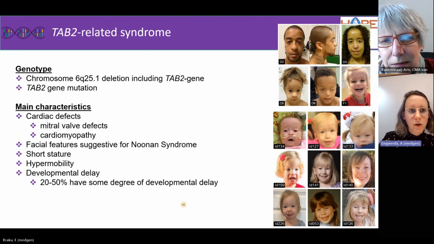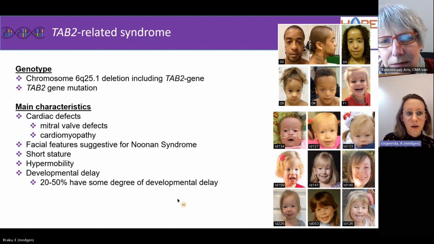To summarize on the TAP2 related syndrome, the genotype of the TAP2 related syndrome can be that there is a chromosome 6 deletion, so a deletion of the 6q25.1 region including this TAP2 gene, or that there is a mutation within the TAP2 gene.